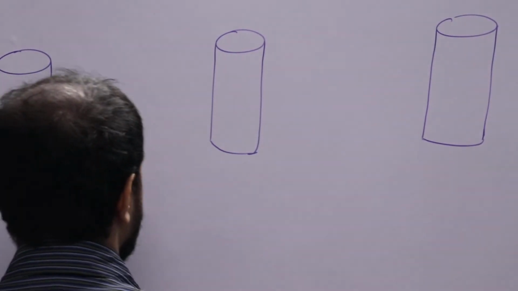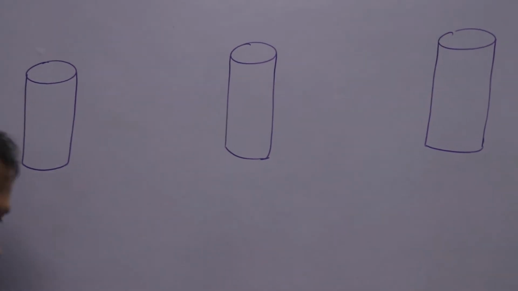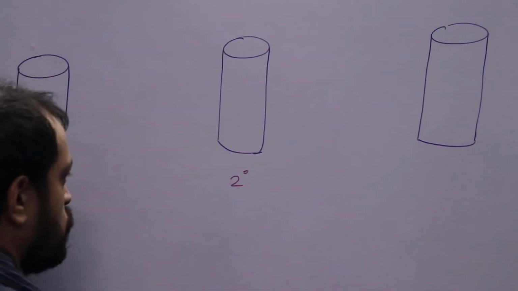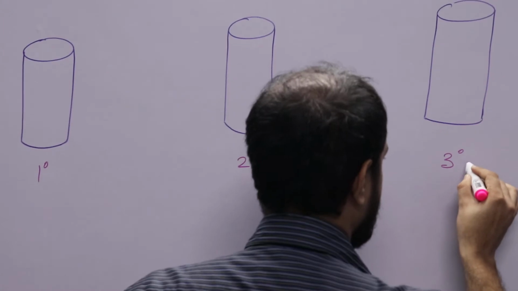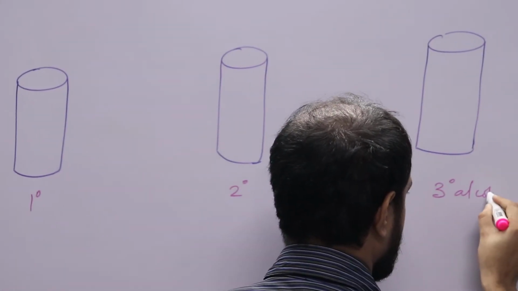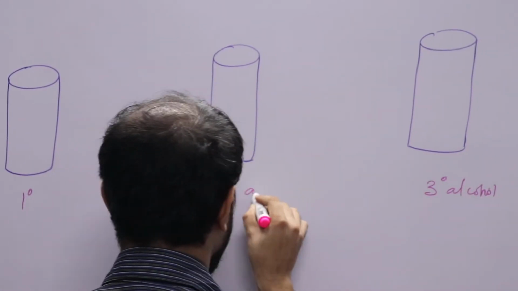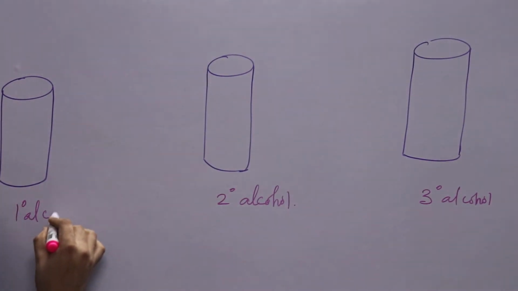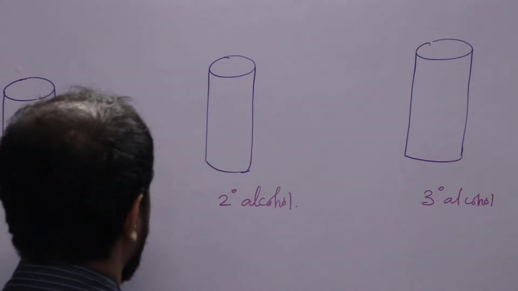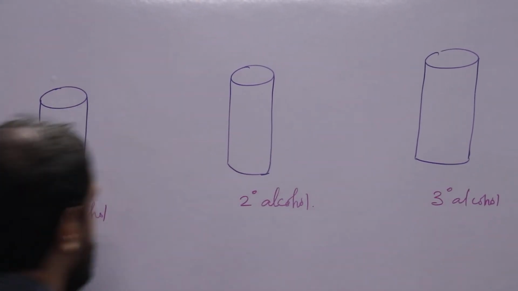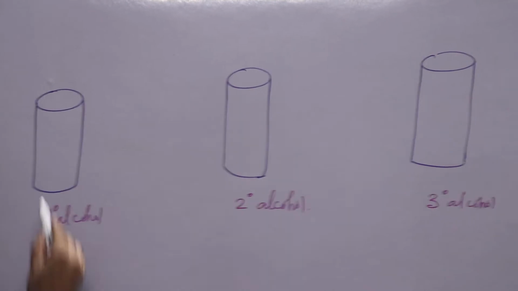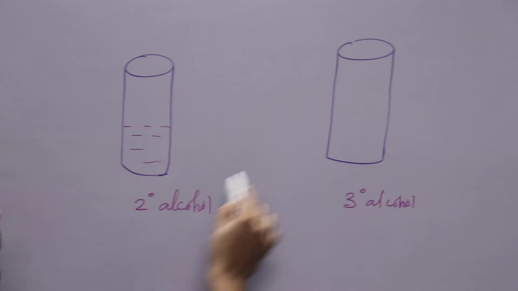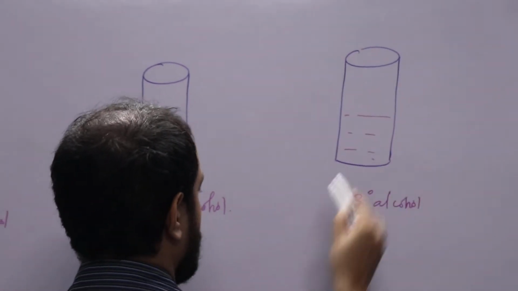Suppose you have taken 3 test tubes, and in the 3 test tubes you have taken 1 degree, 2 degree and 3 degree alcohol respectively. So this is 1 degree alcohol, this is 2 degree alcohol, this is 3 degree alcohol.